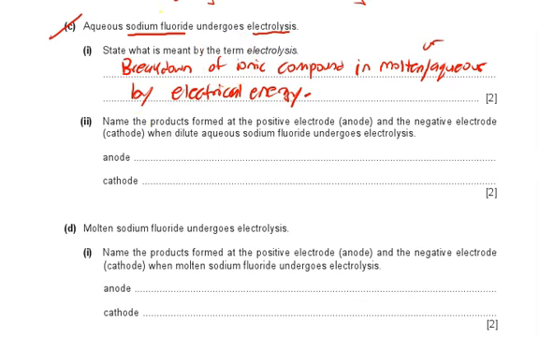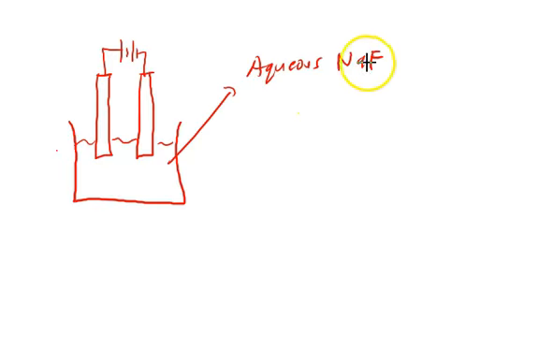Okay, so next question, they are asking for the name of the product formed at the positive electrode and negative electrode when dilute aqueous sodium fluoride undergoes electrolysis. So let us do this experiment. Okay, now let us write down all the ions that they have here.